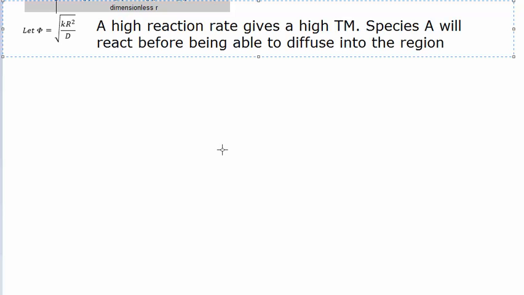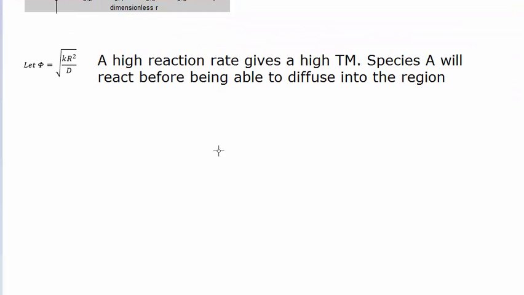Lastly, just a comment here, because this is a transport phenomena class, not necessarily a kinetics class. The higher the reaction rate you have, the larger the Thiele modulus will be, and it'll pretty much follow the same pattern as with the particle size. It won't be able to get as far into the region because its chances of reacting are going to increase, because the reaction rate will be fast.